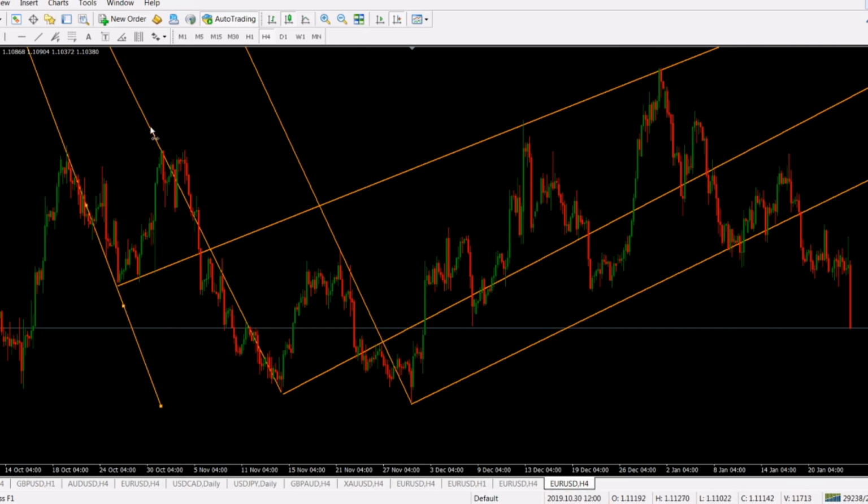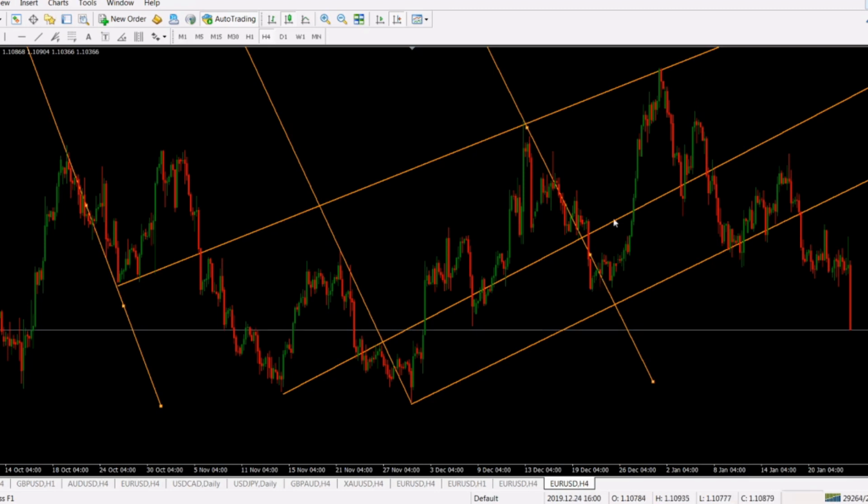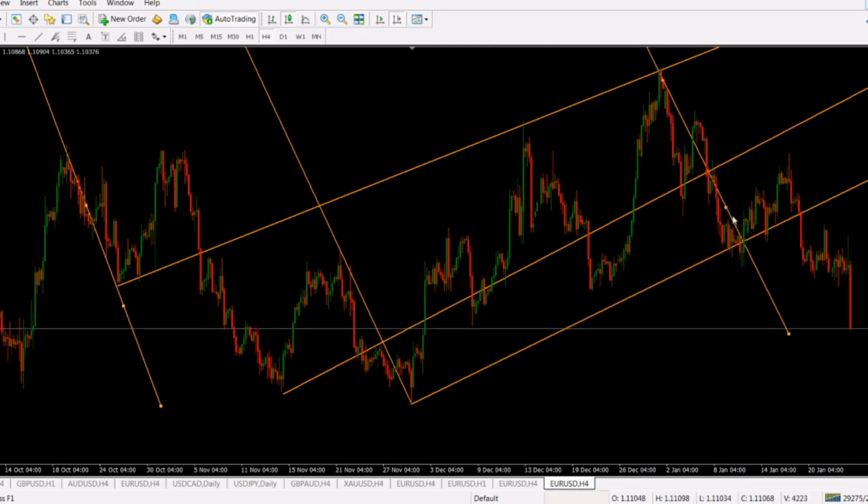Look at that line. The angle is very important. Look here. From this top, we got a bottom here. Look further. From this top, we got again a bottom here. You see how the market behaves over here. The same story is with another one. If we get this one, it's probably the same story.